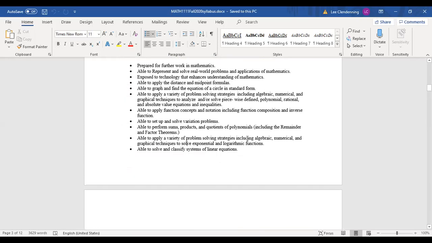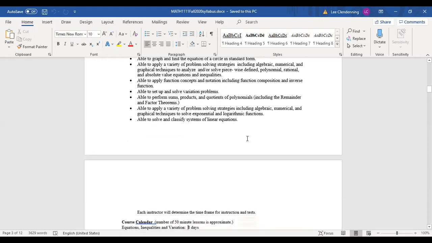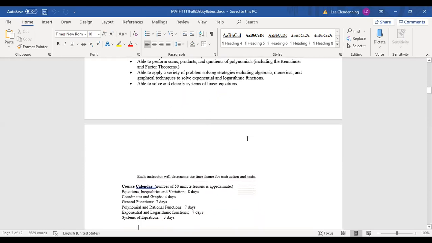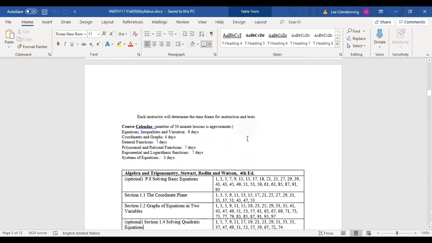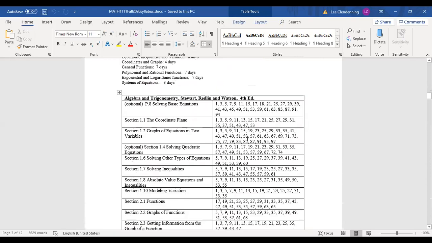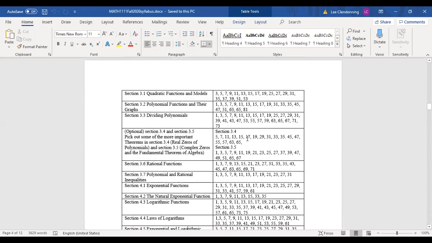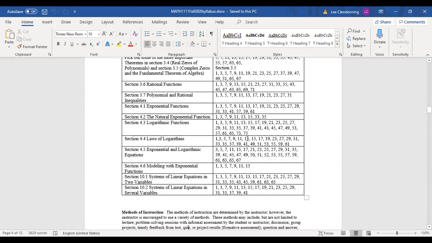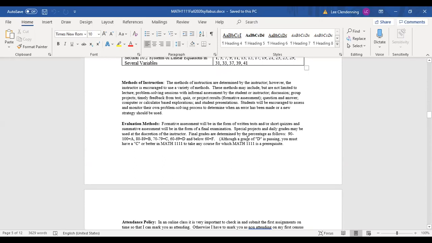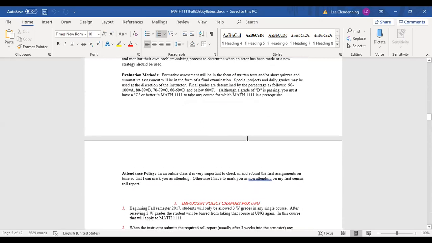Okay, here are our course objectives. Probably reads like gibberish, but we will be explaining this as we go on. Our course calendar and problems out of each section we'll be doing. Methods of instruction I'll be determining, evaluation method.